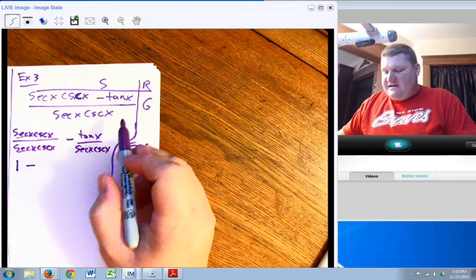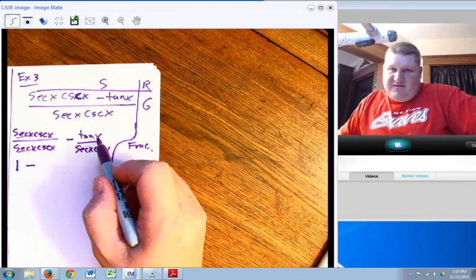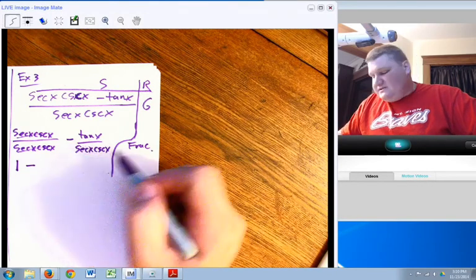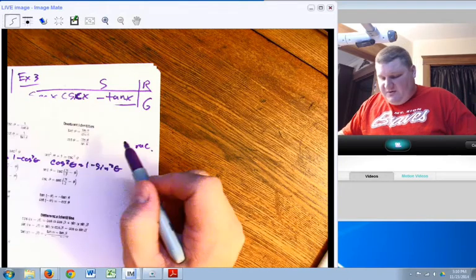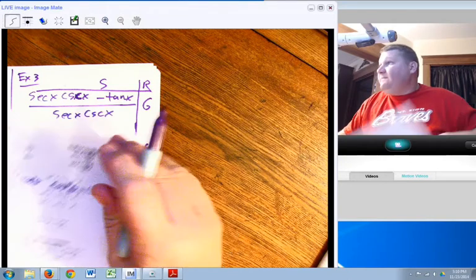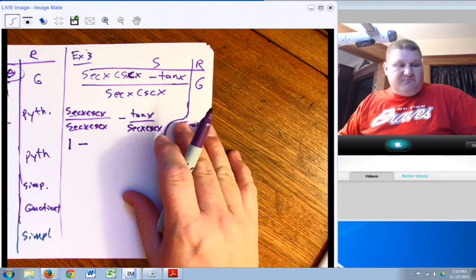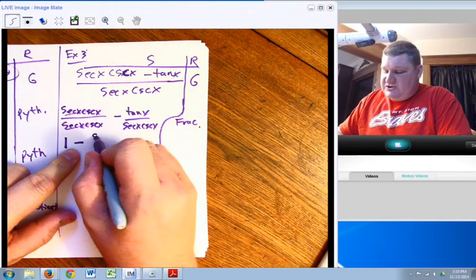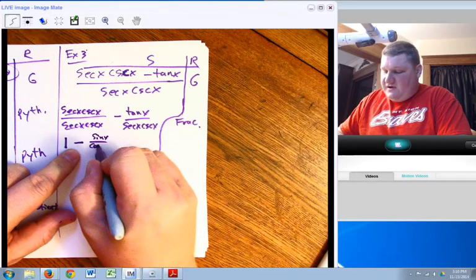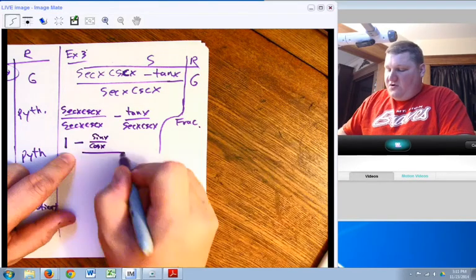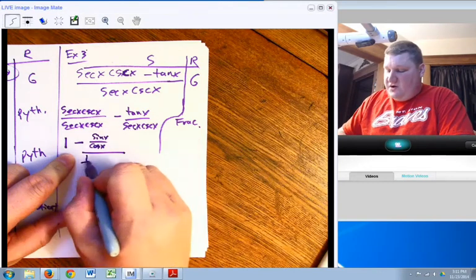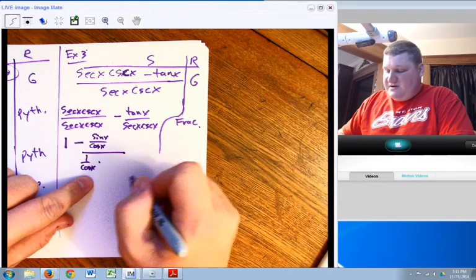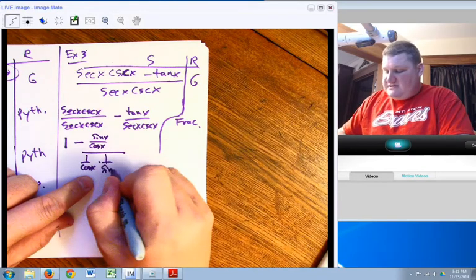Minus, now, in this case, I kind of have a whole pile of mess. Because I have tangents and secants and cosecants, and I don't see any properties that connect them just like that. So, let's take a look at changing tangent into sine x over cosine x, all over, secant turns into 1 over cosine x, times, because it's times between them, 1 over sine x.